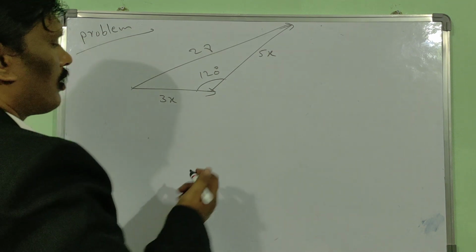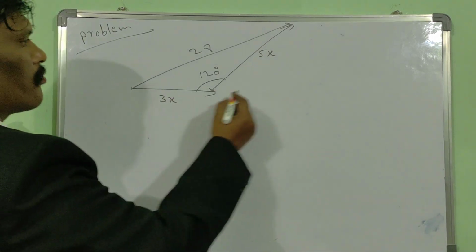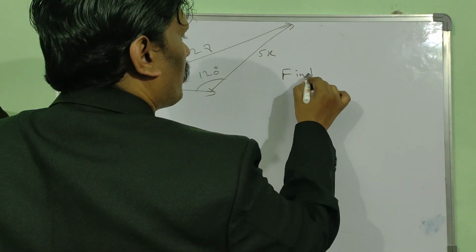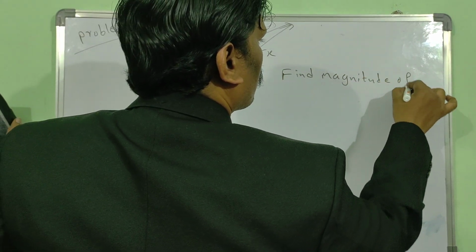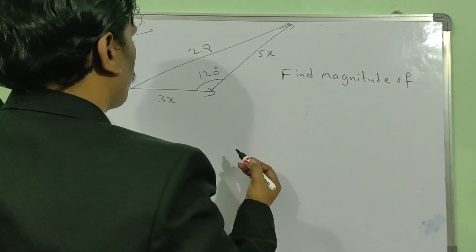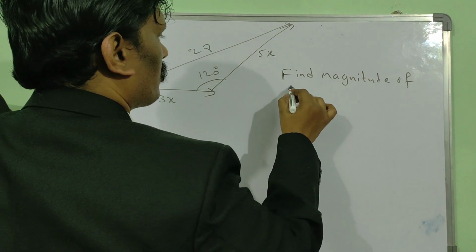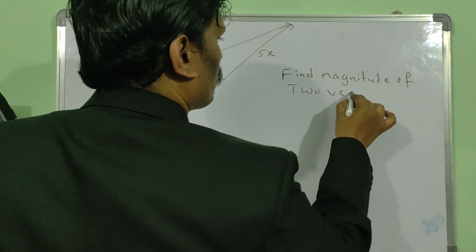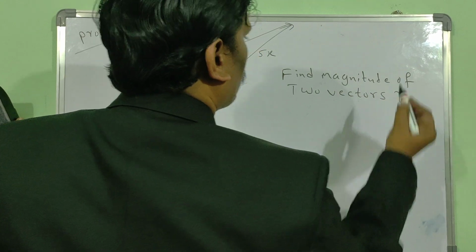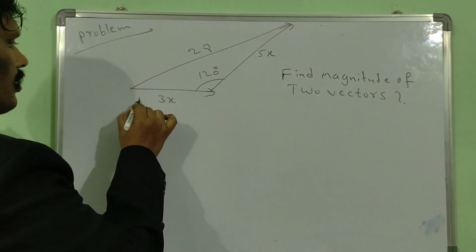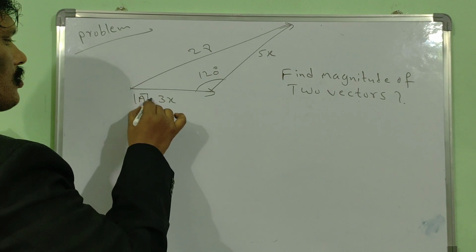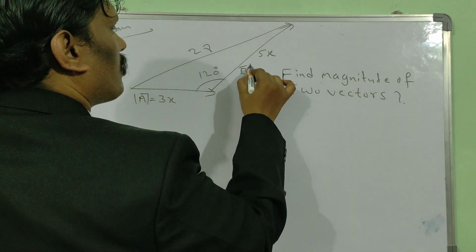Okay, how to solve? Find the magnitude of the two vectors. This is the magnitude of the A bar vector and this is the magnitude of the B bar vector.